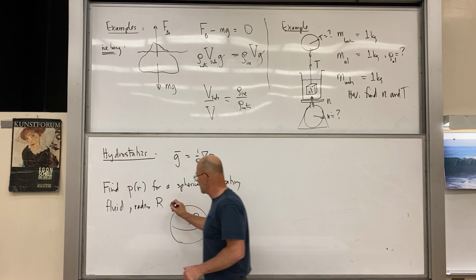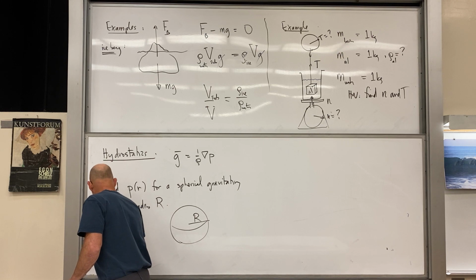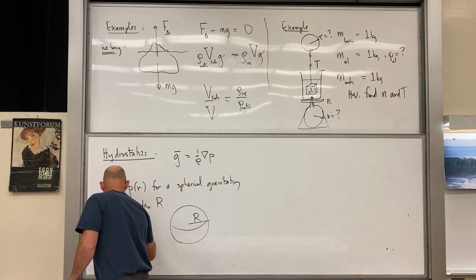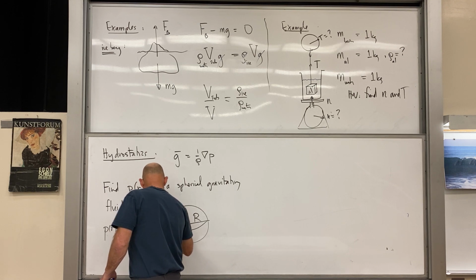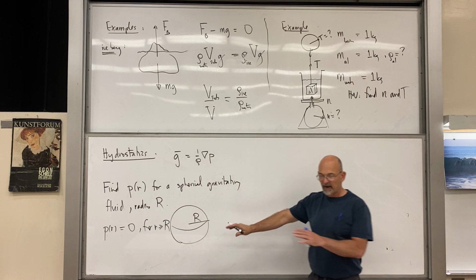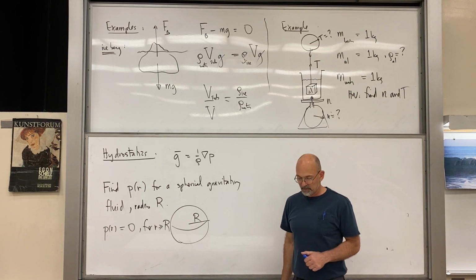And we'll say that P of r is equal to 0, for r greater than or equal to capital R. So you're out there in the vacuum of space, as it were.